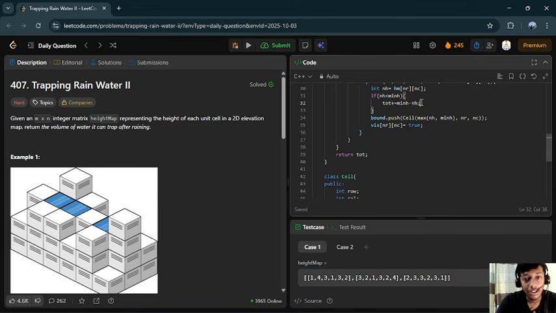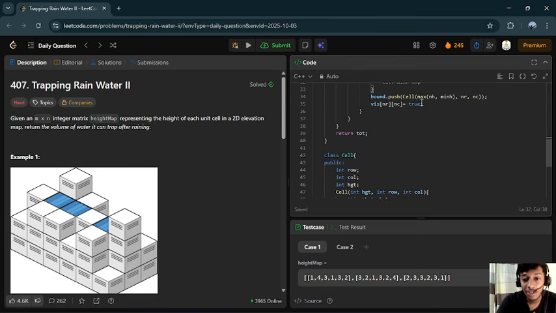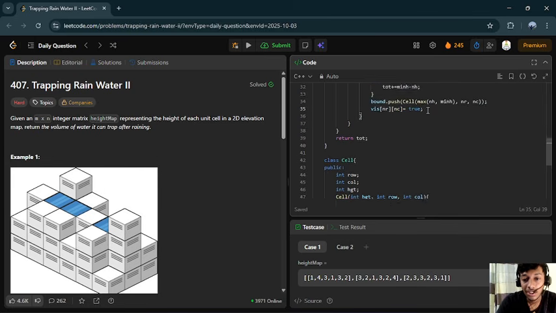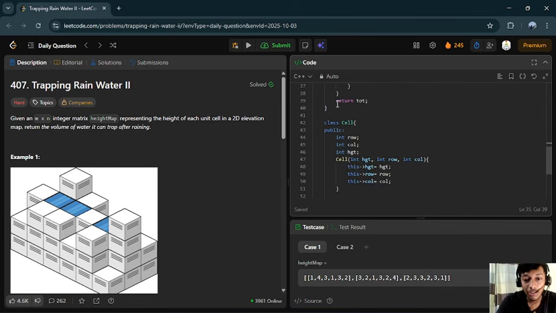This is the condition to add the water, and then we push the neighboring cell, because that also became a boundary now. The height will be the maximum of the neighboring height and the min height, along with the neighboring row and the neighboring column. And visited of neighboring row, neighboring column becomes true now. After this process we return the total amount of water stored.